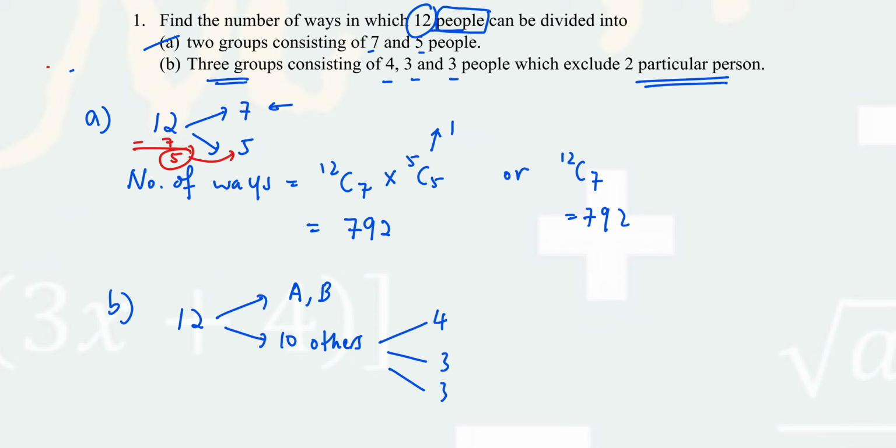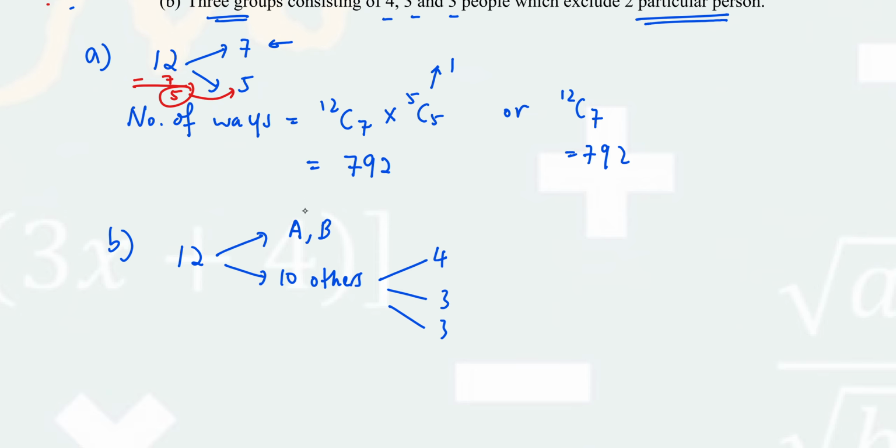When you look at this diagram, I have to ignore these two, A and B. From these 10 persons, I split them into 4 persons in a group. So it will be 10C4 first, and then the second group is 3 persons, and the third group is 3 persons. Initially 10 persons, minus 4 becomes 6.